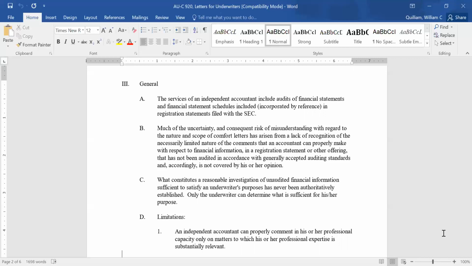Now, a registration statement or some other offering may include information that has not been audited in accordance with GAAS and accordingly is not covered by his or her opinion. What that means is that anything that is not directly derived from an audited financial statement, we have to be very careful what we say on it.